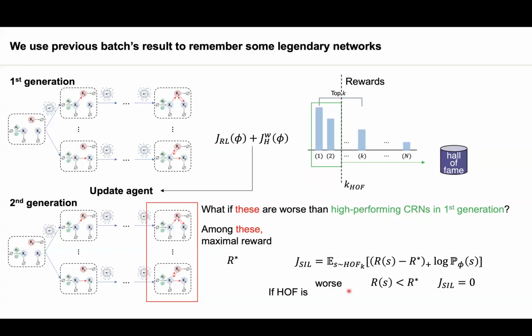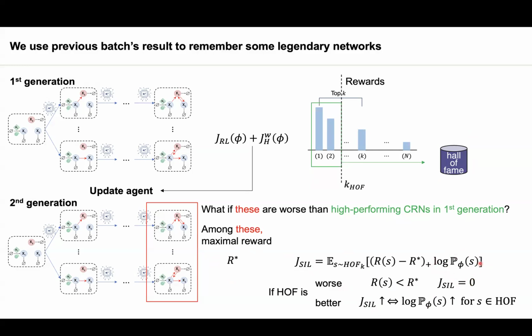In the other case, if the member of the Hall of Fame is better than this maximum reward, then increasing this reward function means that you want to increase this value, the log of this probability.